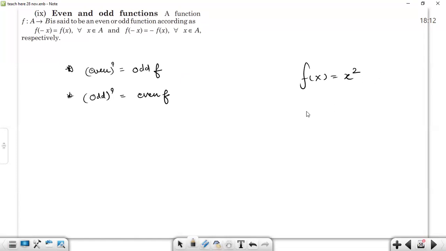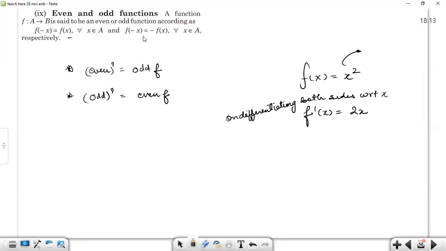x square is an odd function or an even function? Please respond. I'm just thinking, sir. Try putting minus x in the place of x, and if there is no significant change in f of x, then it is an even function.